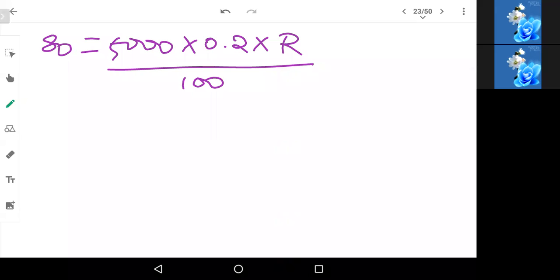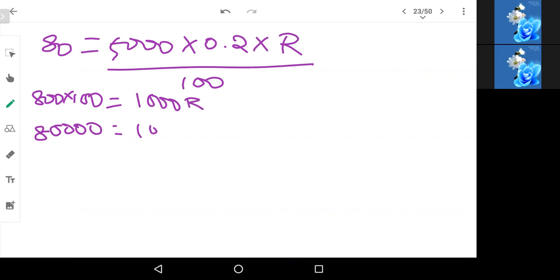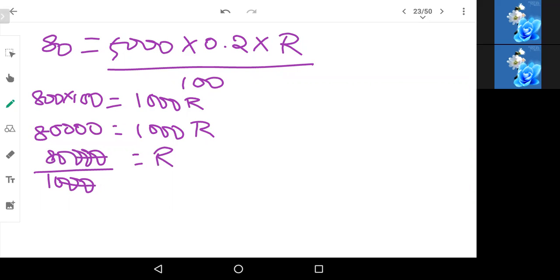Now take 100 to the other side. 800 into 100 is equal to 5,000 into 0.2. How much do you get? 5,000 into 0.2 will give you 1000 R. So 8, 1, 2, 3, 4 is equal to 1000 R. So 80,000 divided by 1000 is equal to R. 3 zeros, 3 zeros.